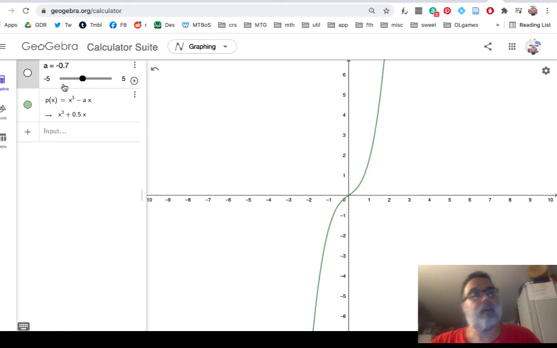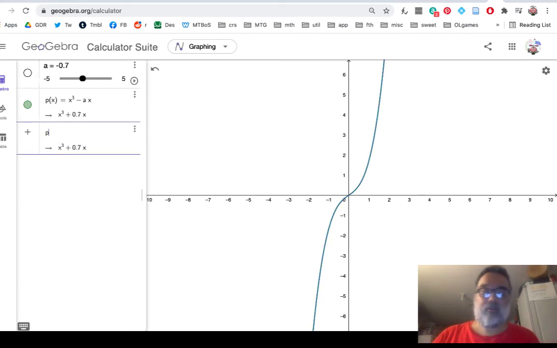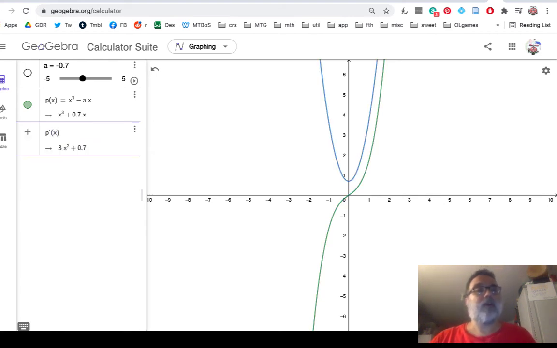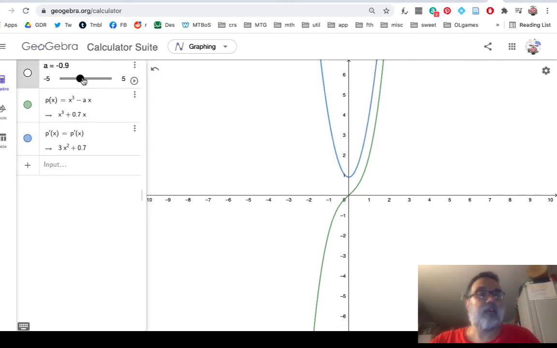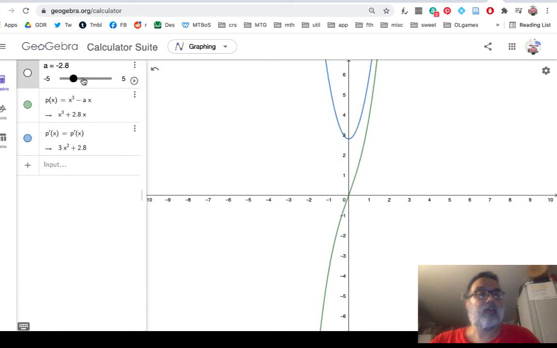Okay, so does GeoGebra know how to do the derivative when it has a parameter in it? Let's see. p prime of x. Oh, it tells me the particular value depending on what a is. So as a changes, we can see it having the value here. So I know this is 3x squared minus a.